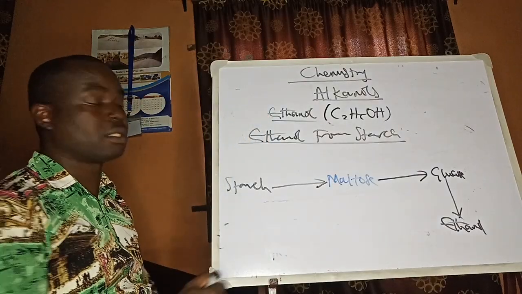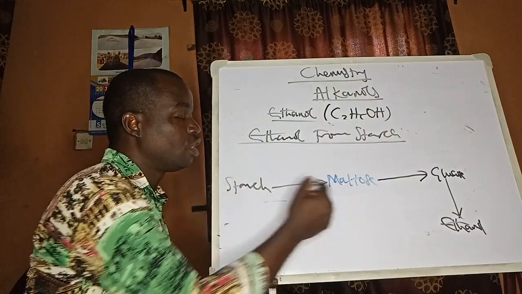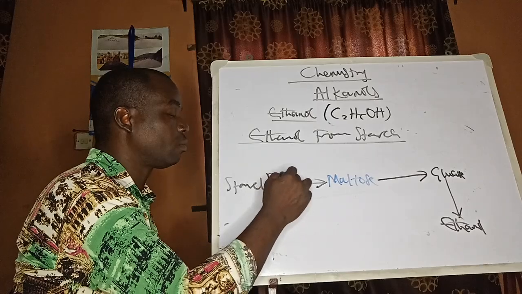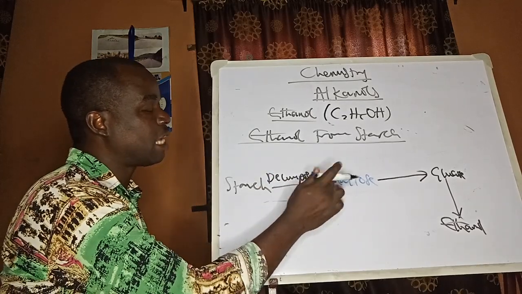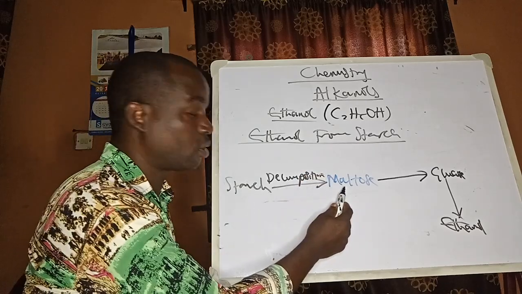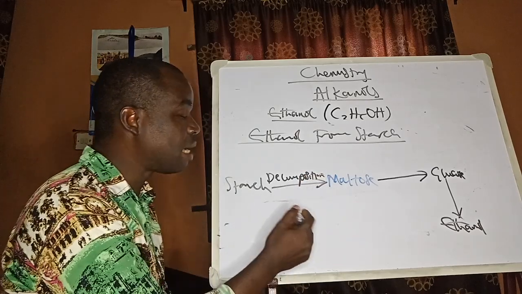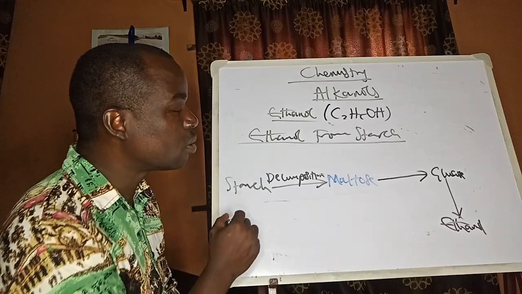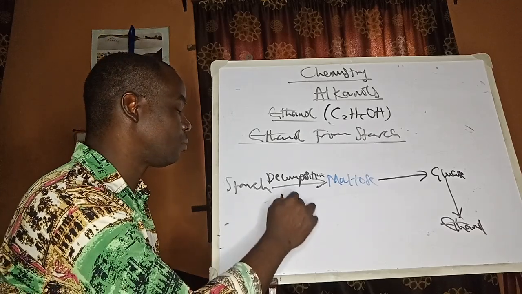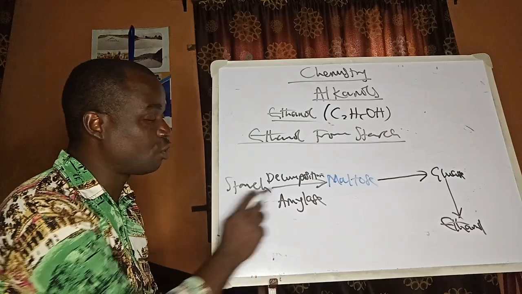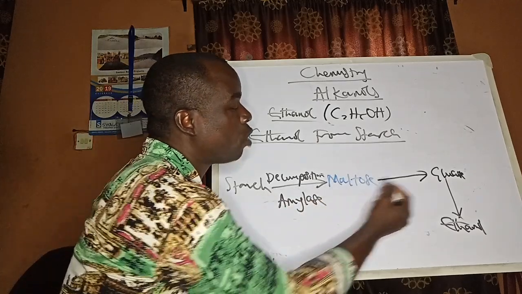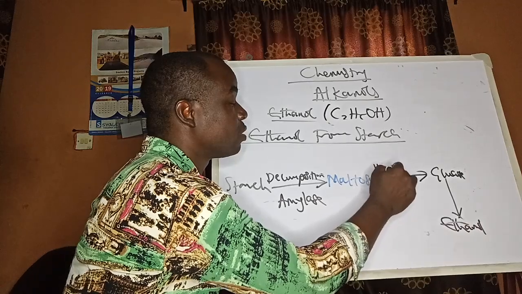Now let's name the processes. From starch to maltose is called decomposition. So when starch undergoes decomposition, it forms maltose. The enzyme responsible for this is amylase. Take note of this: amylase converts starch to maltose. Then from maltose to glucose is called hydrolysis.